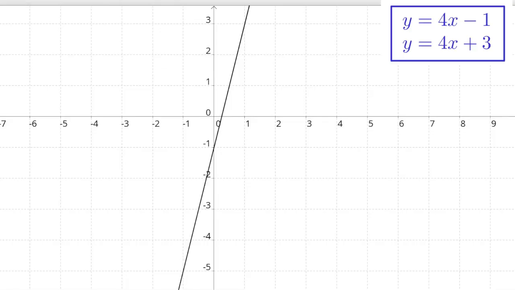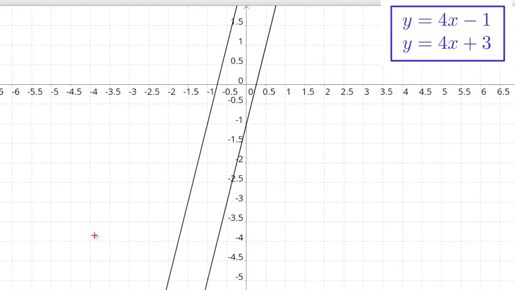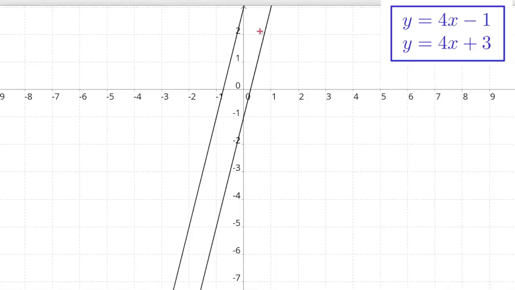It's y equals 4x plus 3. That's the equation. And indeed, these two lines are equidistant from each other, and no matter how far they are extended, they will never meet, which shows us that these two lines are parallel to each other.